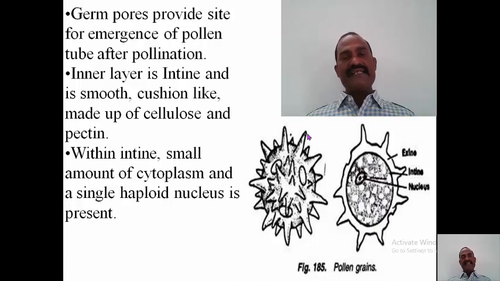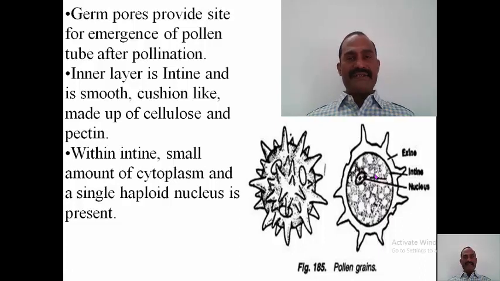Once the pollen grains are shifted to the stigma of the gynoecium, they have to undergo germination, and by germination they will produce the pollen tube, and this pollen tube comes out from the pollen grain through the germ pore only. The inner layer, here you can see, is the intine. It is smooth, cushion-like and is made up of only cellulose and pectin.